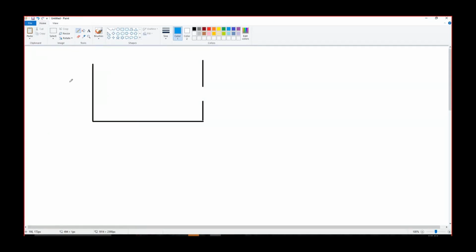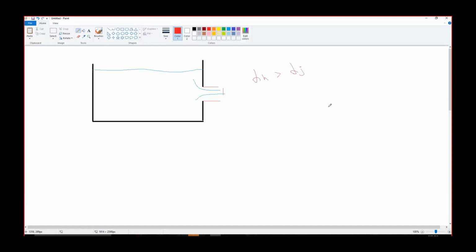This tank is filled with water like this. When the water flows from this hole, the diameter of the jet of water will be less than the diameter of the hole, right? This is the diameter of the hole. Let me draw it like this.